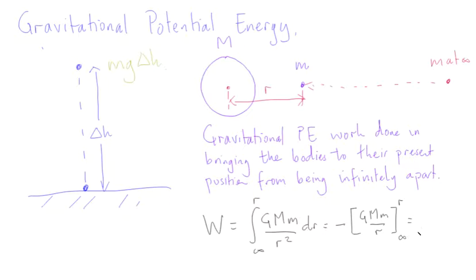So this becomes negative G M m over r. So the gravitational potential energy, which is shortened to E subscript P, is equal to minus big G M little m over r.